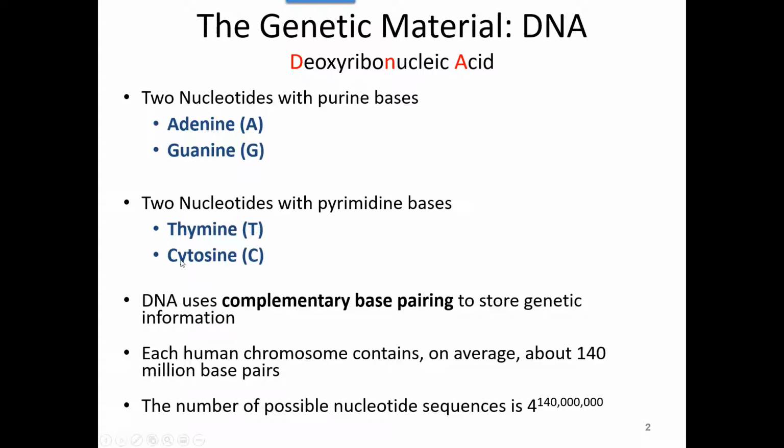Now, DNA uses complementary base pairing to store all of its genetic information, meaning you're always going to have one purine pairing with one pyrimidine, and it's always going to be the same nucleotides that pair up. Adenine will always pair with thymine. Guanine will always pair with cytosine. How to remember them?